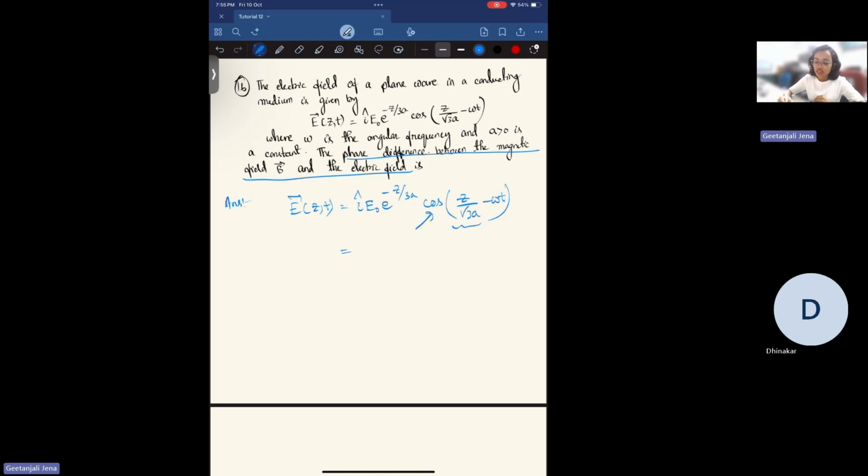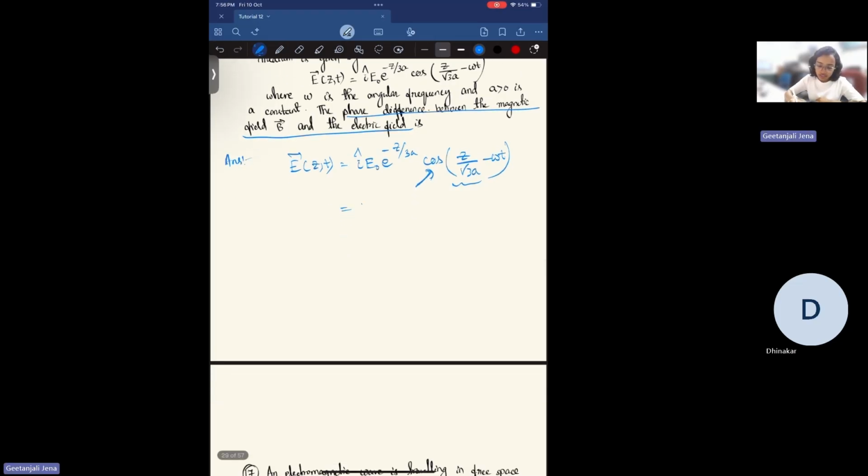Don't take the real part. This is nothing but the real part of the exponential, so we can always write it as the exponential. Whenever you are calculating the Poynting vector or the actual measurable quantity, we take the real part. But for our question, let us take E naught i cap e to the power z by 3 exponential i(z minus root 3 minus omega t).